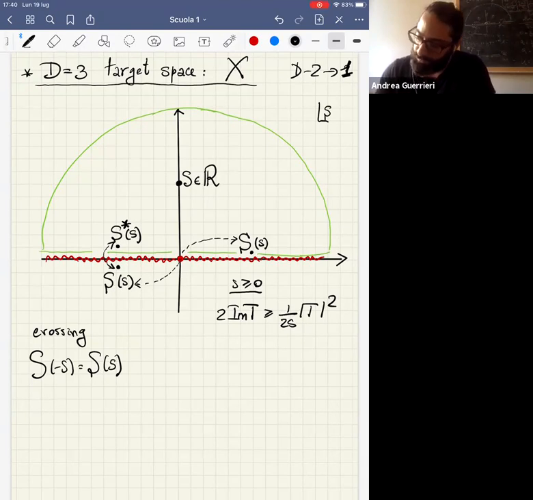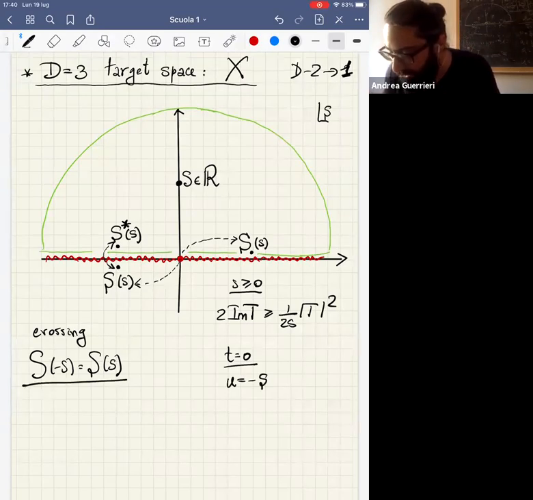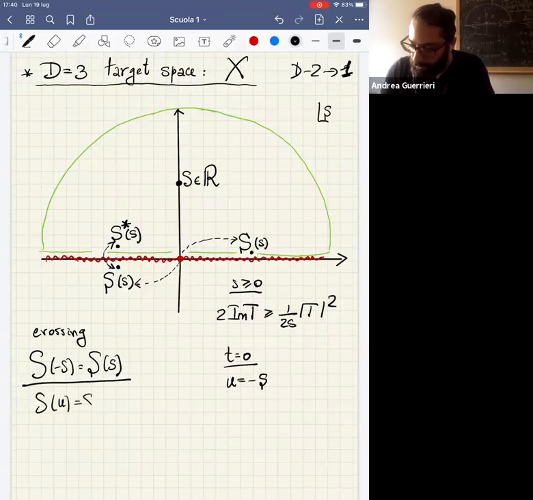Think about forward scattering, so t equal to 0, and then by momentum conservation, u is just given by minus s. So this equation, S of minus s equal to S of s, is just the statement of crossing, S of u equal to S of s.